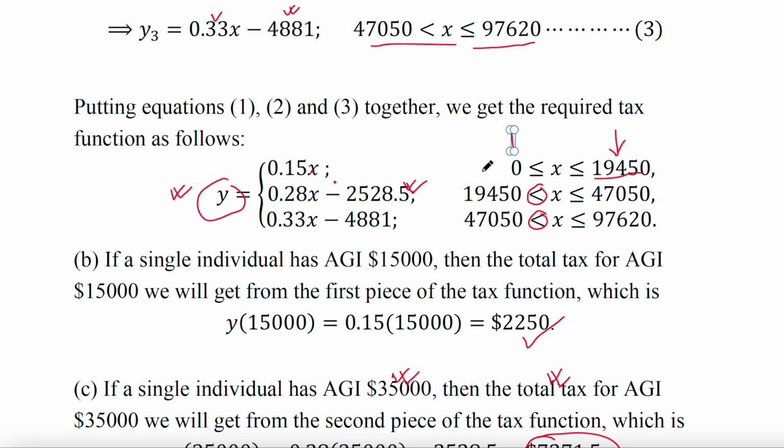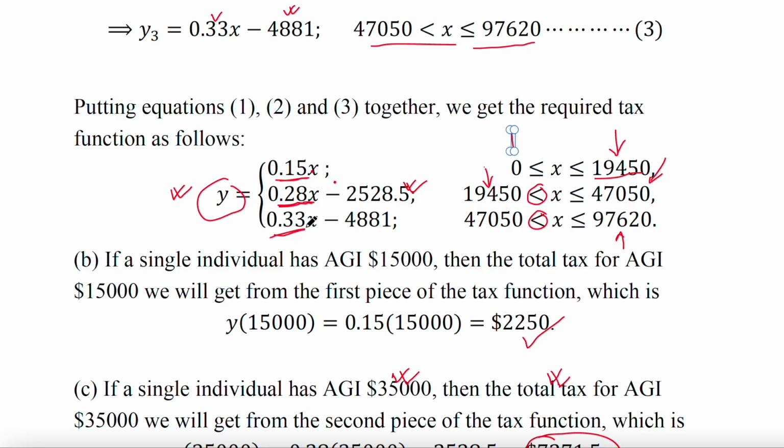The second line starts at the point where the first line ends, and ends at 47,050. The third line ends at 97,620. Also note that the gradient or slope is bigger in the second line.